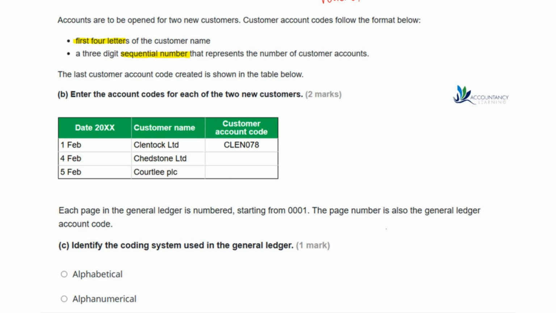So Chedstone Limited, so first 4 letters of the customer name, so CHED, and a sequential number, so we've got 078, so 079. Then Courtley PLC is COUR, which is the first 4 letters, and the sequential number is 080.